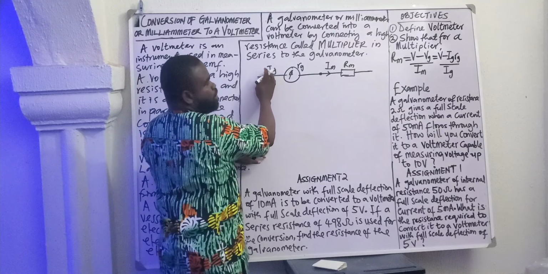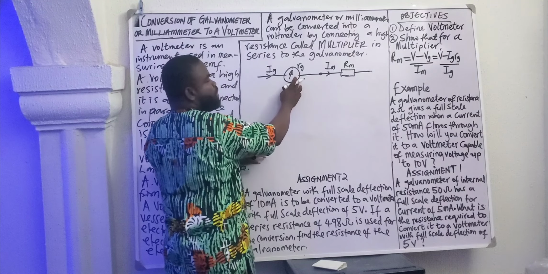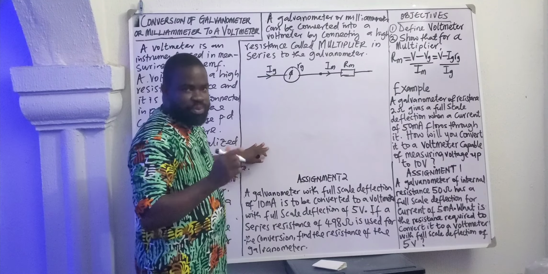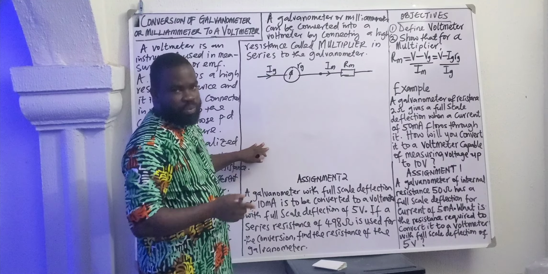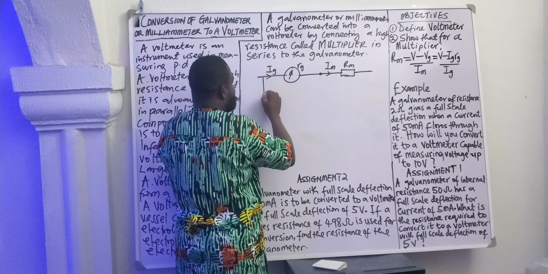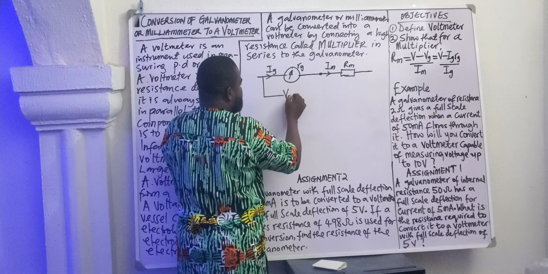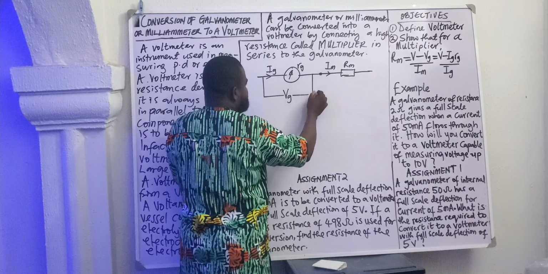Now, once you have current flowing through a resistance, there will be a voltage drop across that component. So the current multiplied by this resistance will give us a voltage drop we will call VG. That is the voltage drop across the galvanometer.